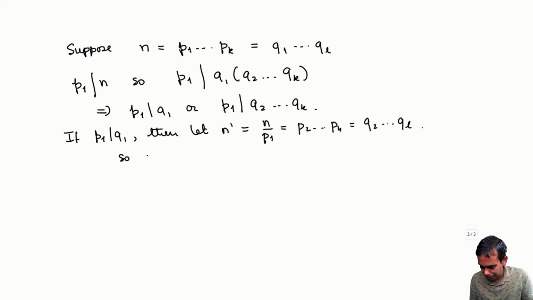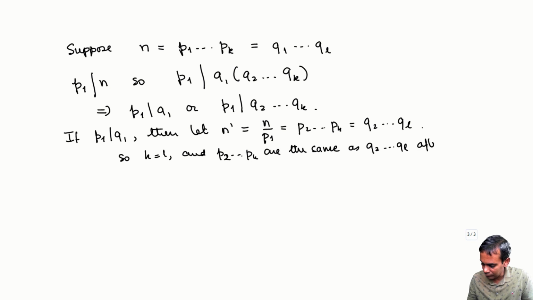So k equals l and p1, p2, up to pk are the same as q2 up to ql after reordering. And so we are done, because n is p1 times these things.